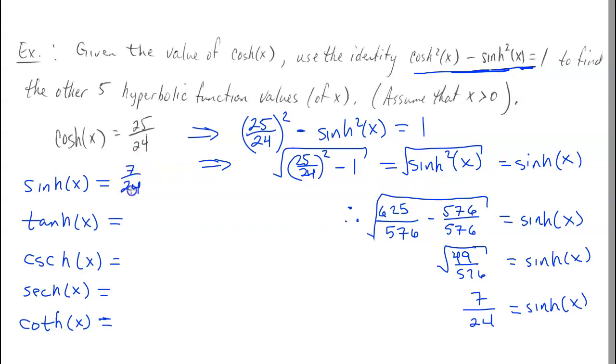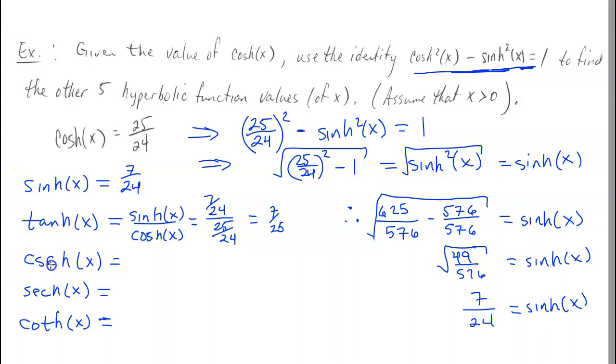Now that we have that information, pretty much everything else is relatively easy to come up with. Tangent hyperbolic is just going to be sinh over cosh, which is 7 over 24 divided by 25 over 24, and that simply ends up being 7 over 25.